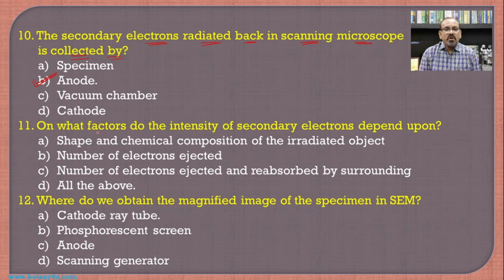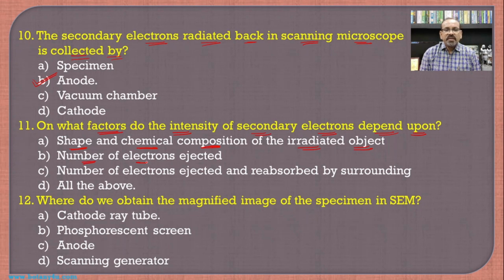Then on what factors does the intensity of secondary electrons depend? The different factors responsible are the shape and chemical composition of the irradiated object, because these electrons are radiated from the object.